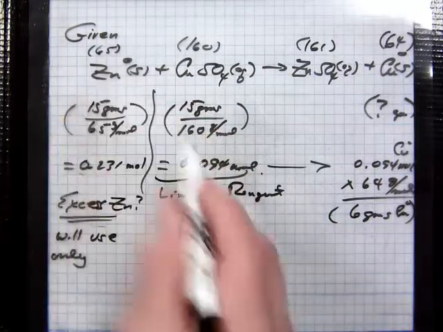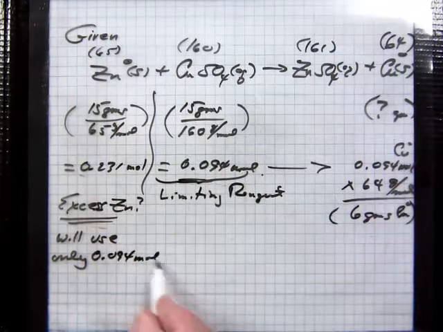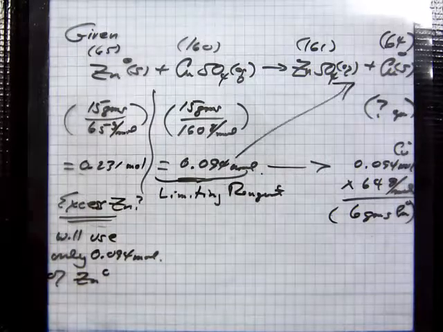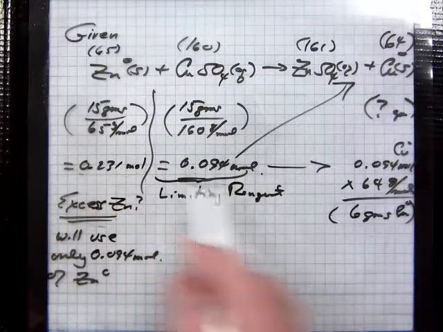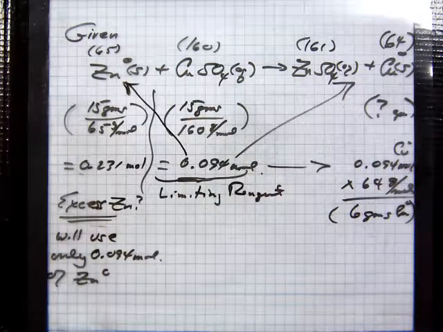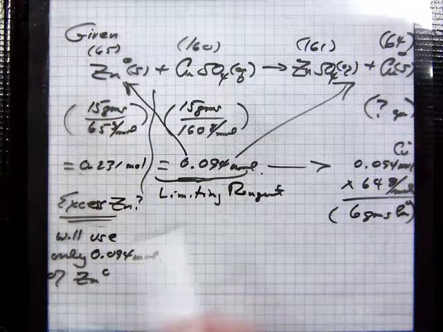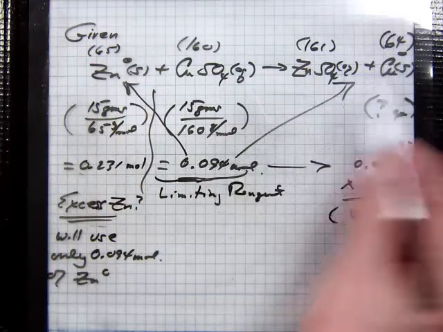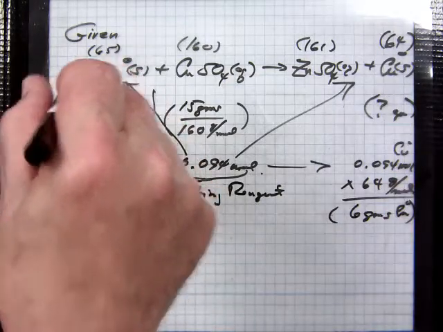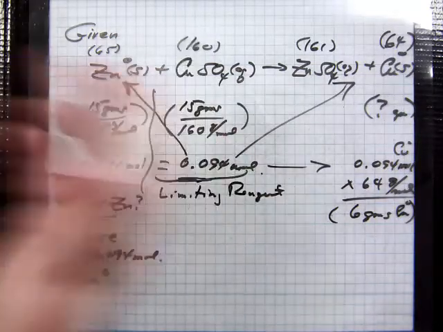Well, 1-to-1, there's your moles, 0.094 mole of zinc. If this is the limiting reagent, the yield is based on that number as well as the excess, back and forth. And so if the yield is 1-to-1, 0.094, then the one that's going to wind up in excess is still using the same number of moles. Why? Because the coefficients are the same.